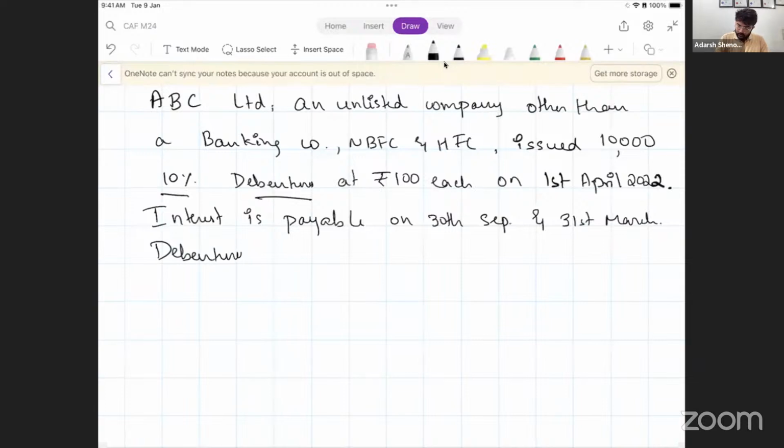Debentures are redeemable on 31st March 2023.